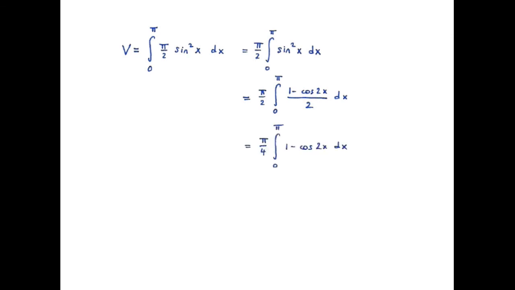So it's equal to pi over 4 times the integral from 0 to pi of 1 minus cosine 2x dx, which is much easier to integrate. The integral of 1 is x, the integral of cosine 2x is half sine 2x, and when we substitute, the good thing is we find an exact value. We don't find 2.4, whatever it was. We find the exact value. The volume is pi squared over 4.